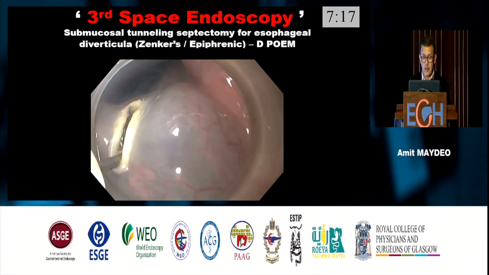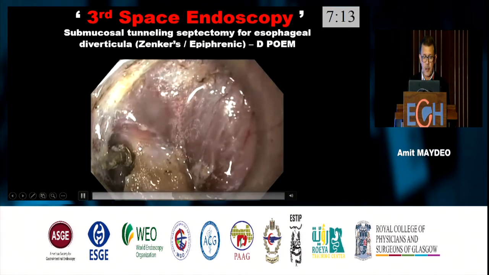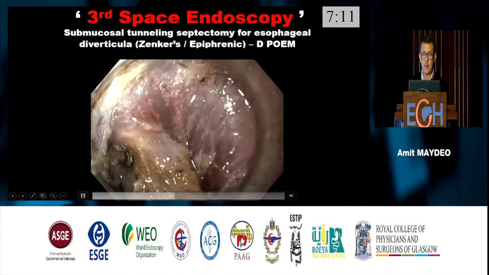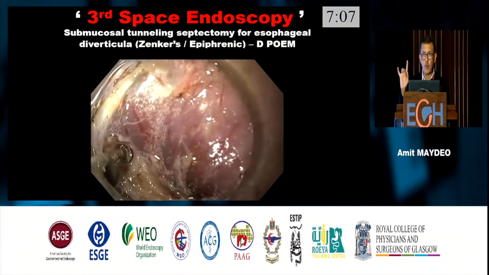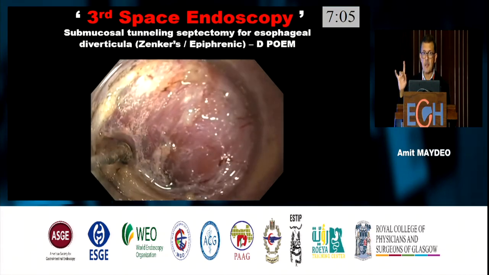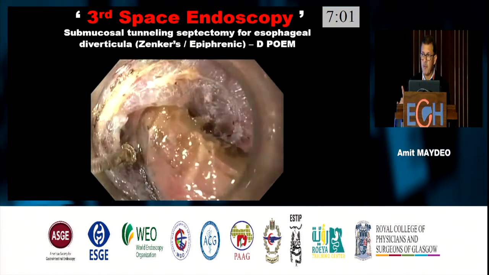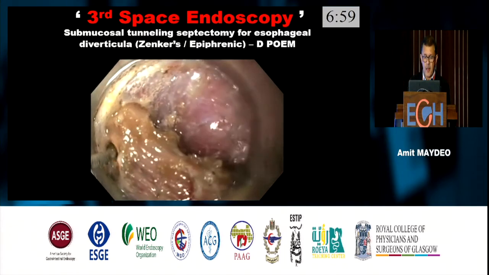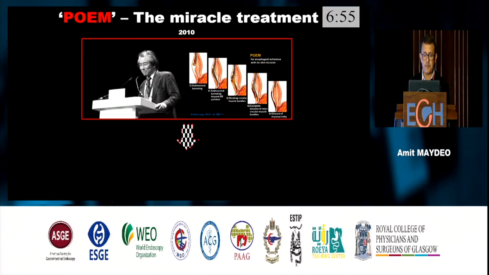So we make a tunnel in the pharynx, and we go inside towards the septum, and here you can see how beautifully the muscle of the septum is seen through the third space. And then, because now you have utilized the third space, you can cut the septum right till its base. And thereby, you can prevent recurrence of dysphagia after doing such a septotomy, which is done endoscopically.